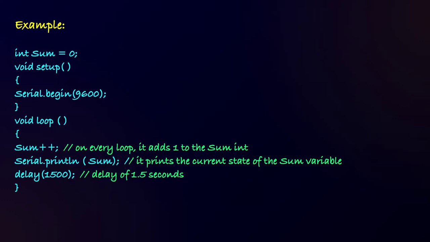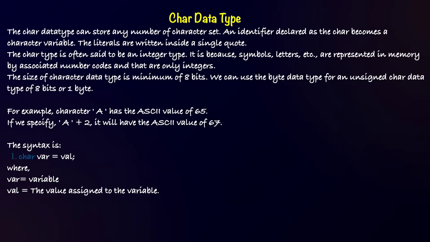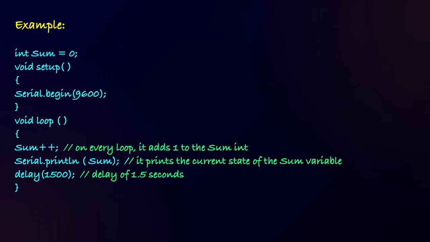Whatever the value would be, it would be increased by 1. Serial.println sum. That means in the next line, the sum would be printed every time, and then delay 1500.